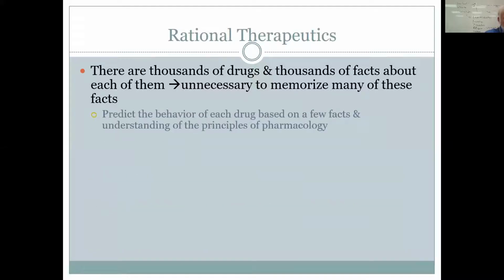There are thousands of drugs, as we've said, plus an enormous body of facts. Medical knowledge doubles at least every 2 years. It's impossible to keep up with that. So what we look for are general concepts that we can use to predict the behavior of drugs.